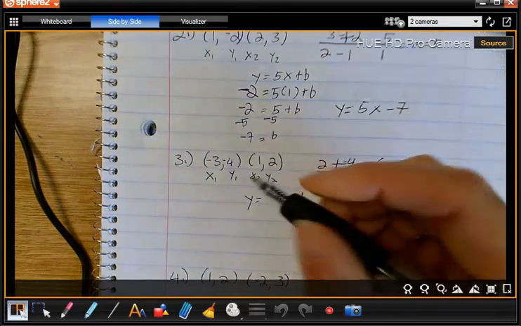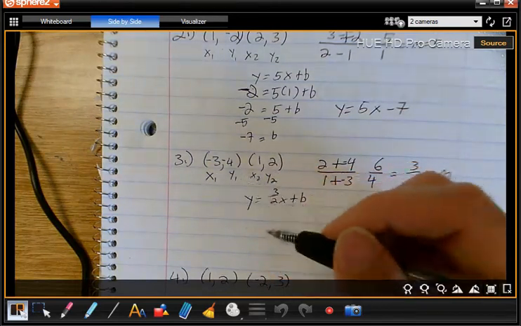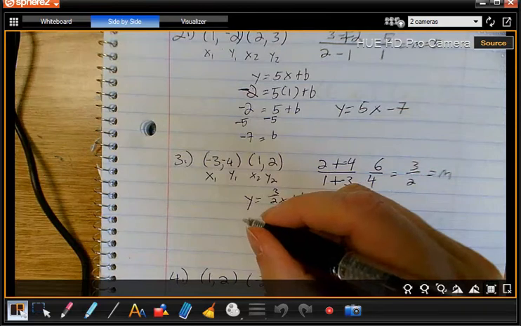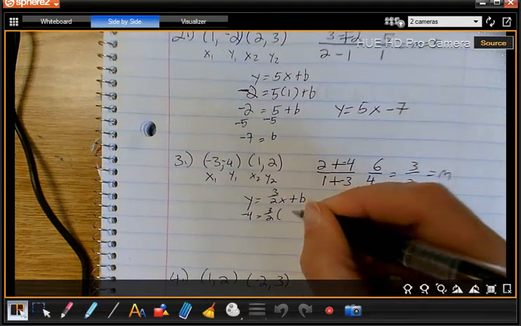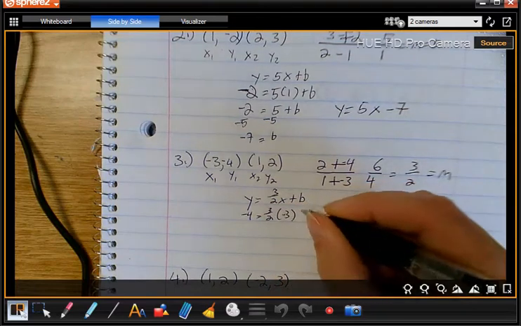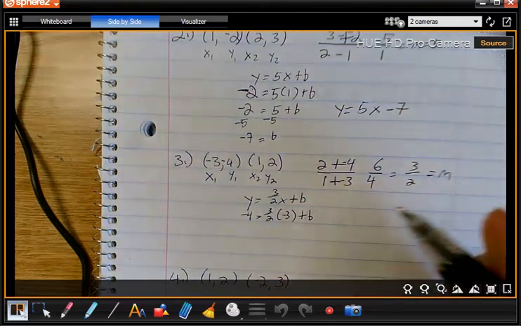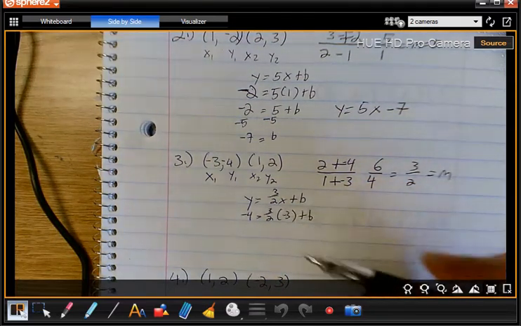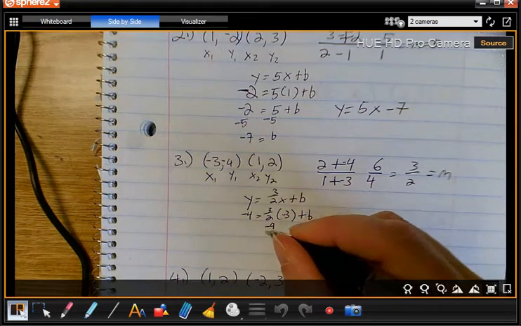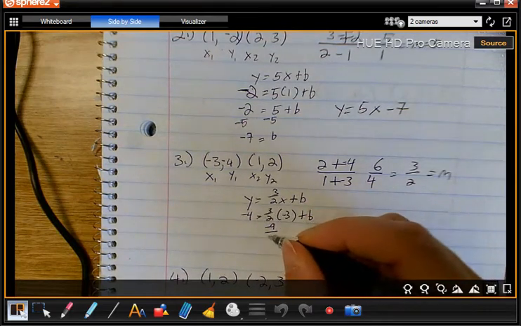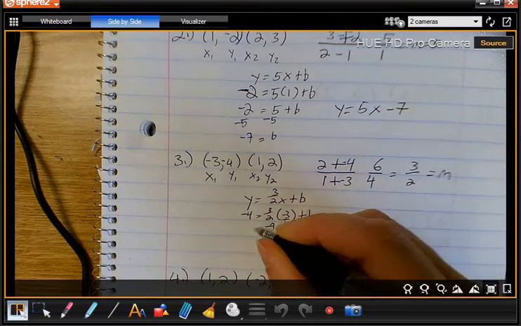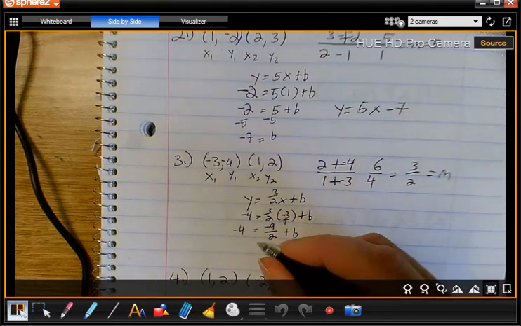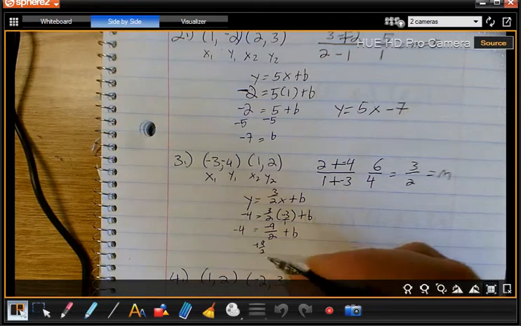And now I'm going to plug in the x1 and the y1 for x and y. So I'm going to get negative 4 equals 3 halves times negative 3 plus b. 3 times 3 is negative 9. 2 times 1, because there's really a 1 under here, is 2, plus b equals negative 4. Now I'm going to add 9 halves to both sides.